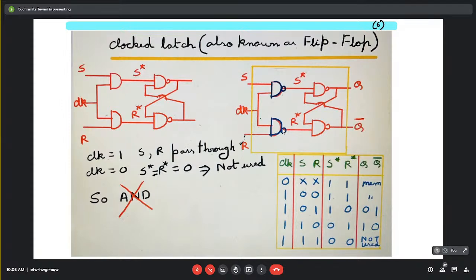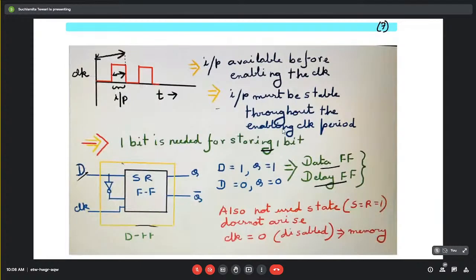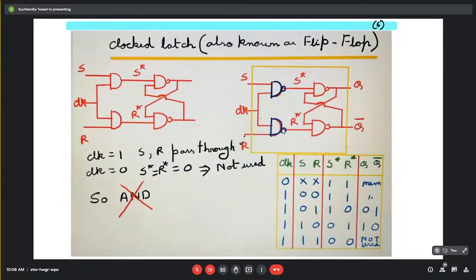Why? Because of the glitches. So from that latch, we have imposed control in the form of a clock signal. That is actually giving one stage of advancement, or in modern terms, an upgradation. So from latch, it is transforming into flip-flop.